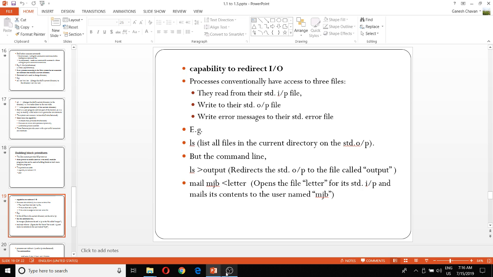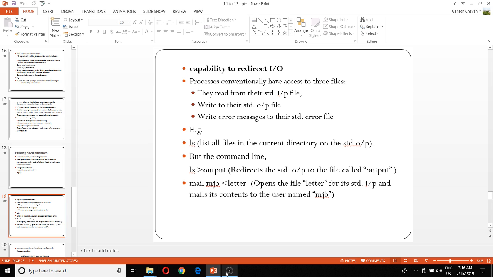Capability to redirect I/O: processes conventionally have access to three files. They read from their standard input file, write to their standard output file, and write error messages to their standard error file. Examples: first, ls is used for listing files in the current directory on the standard output.